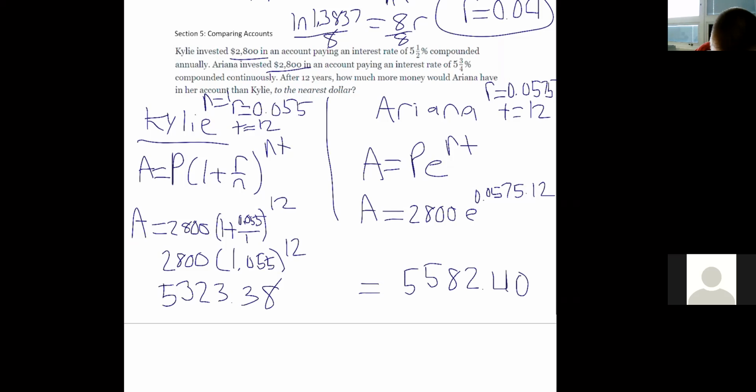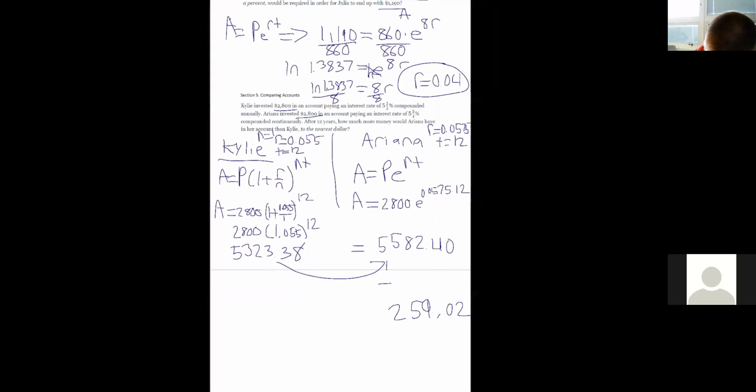When I subtracted these, I got $259.02, but you might have gotten something slightly different if you rounded or didn't round as much as I did. But they want you to round to the nearest dollar, so it'd be 259. And these are the type of problems you will see.